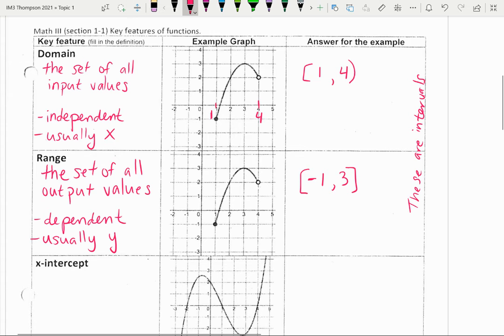These are intervals. This is a set of a whole bunch of numbers. Because it looks like I touch it right here. Right? If you were to talk about points that this graph touches, you'd probably say that 3 is part of the graph. So when I move that over, I touch 3.